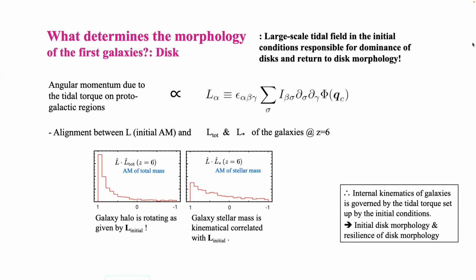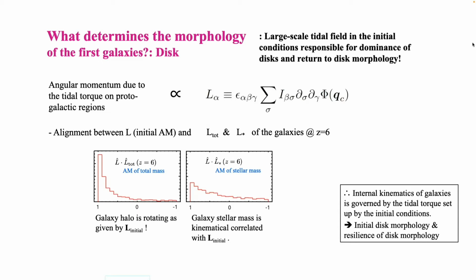So we calculated the angular momentum due to tidal torque on protogalactic regions set up by the initial condition, which is proportional to the moment of inertia tensor times the shear tensor. And in this plot, we looked at the correlation between this initial angular momentum and the actual angular momentum of galaxies at some specific redshift.